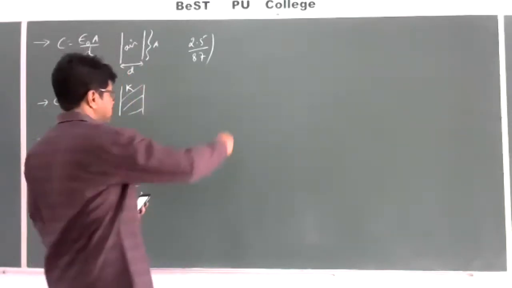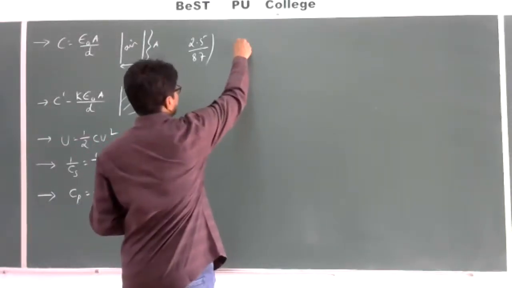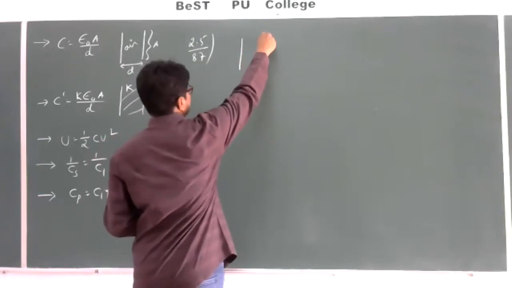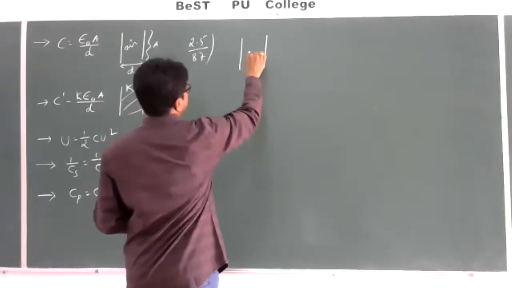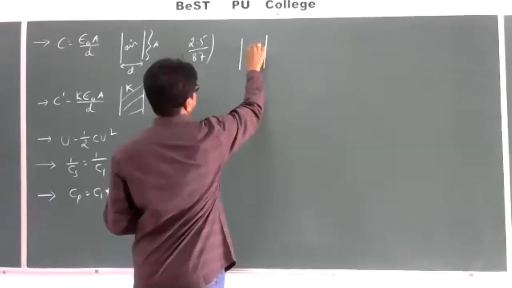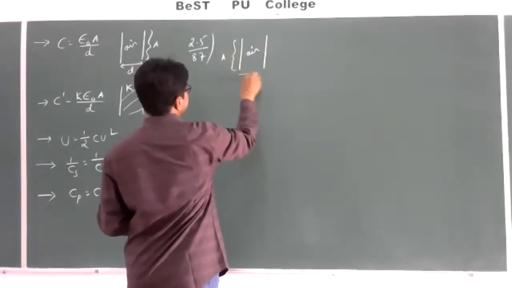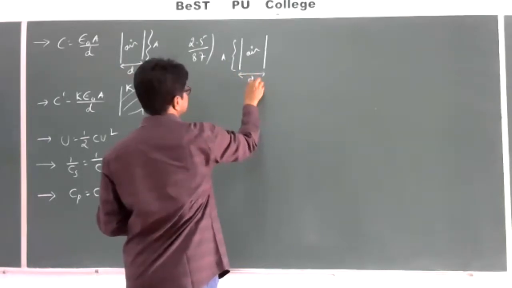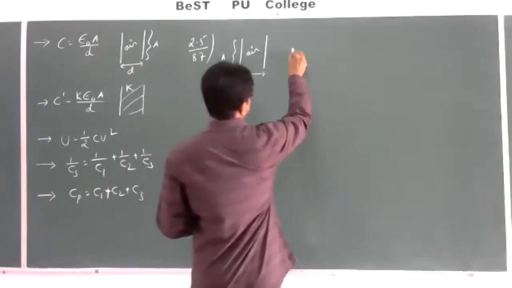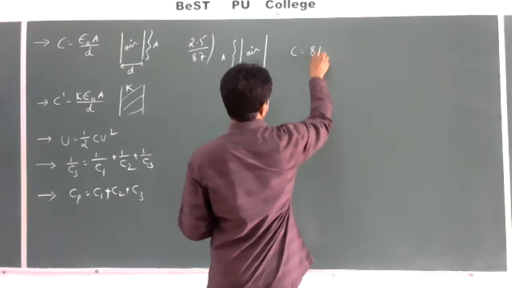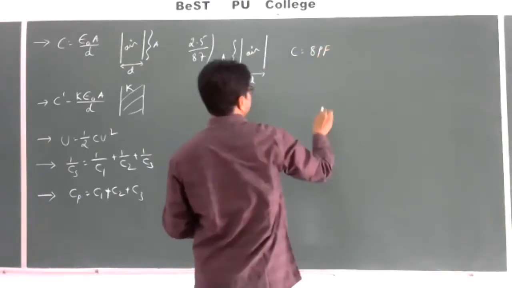What is given is one parallel plate capacitor he considered. The medium between the two plates is air. Then he has given the capacitance as 8 picofarad.